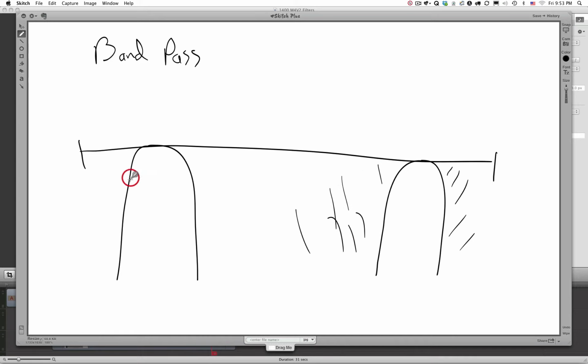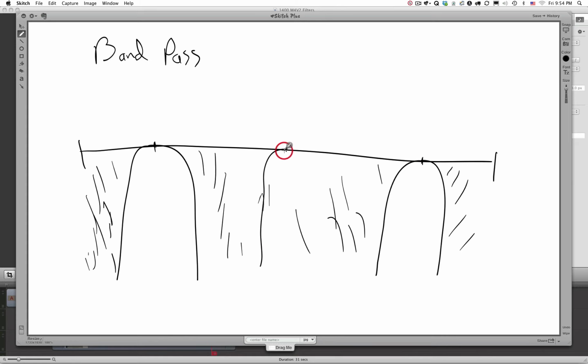Or we could have a bandpass filter that was in the lower register, allowing only lower notes to pass and removing or deleting frequencies that are the very lowest and a little bit above that, all the way up to here perhaps. We can have a bandpass filter that is allowing to pass mainly low frequencies, or mainly high frequencies, or somewhere in the middle.